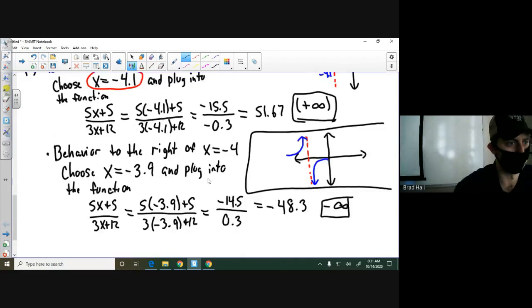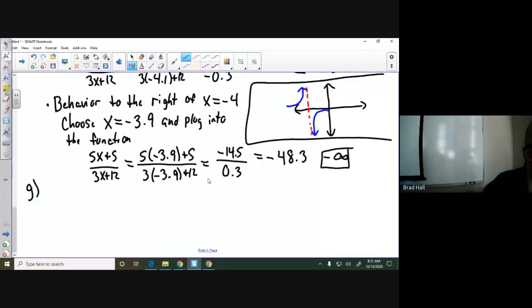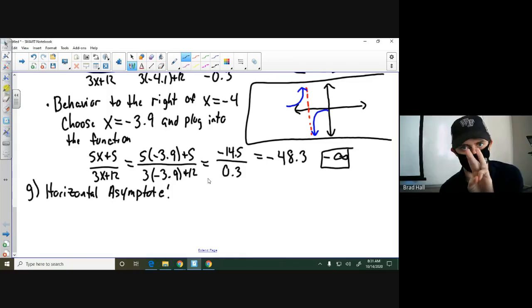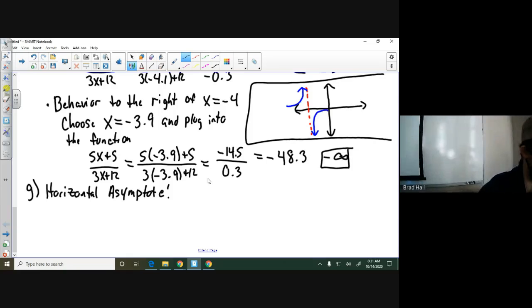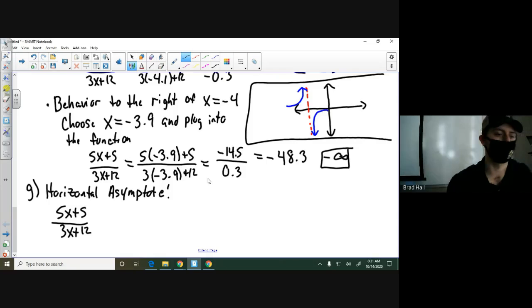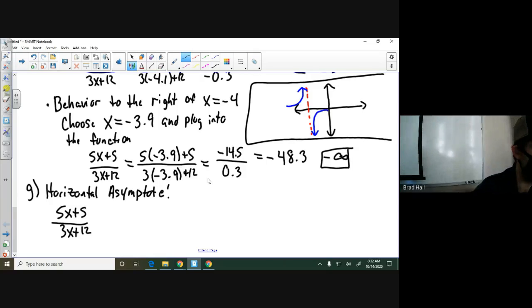So we are on the next one, part G, the horizontal asymptote. Hopefully you remember by now the conditions of how to determine the horizontal asymptote. That's the one that has the three various conditions dealing with the degree of the numerator and denominator. So what we had was (5x plus 5) over (3x plus 12). The degrees of these are both 1.